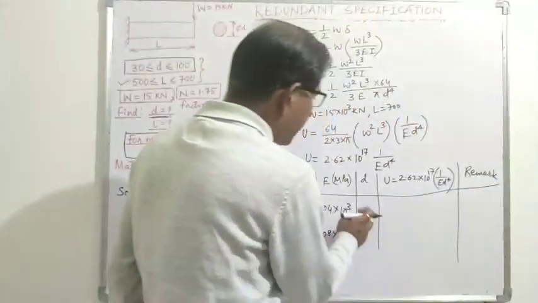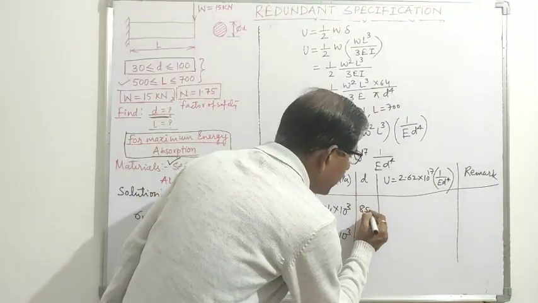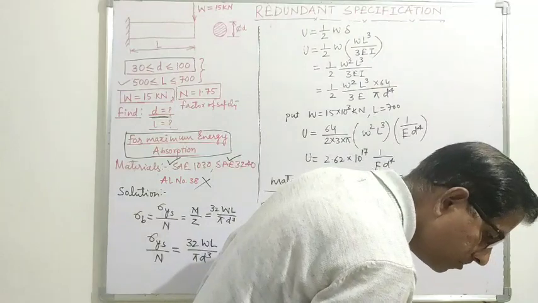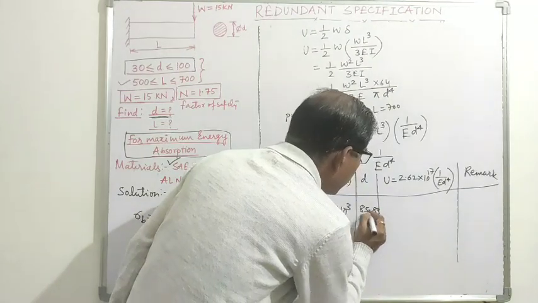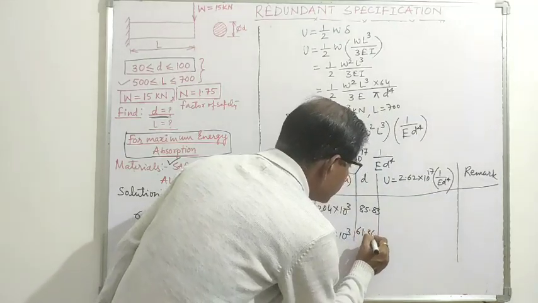The diameter that we have calculated for these materials is 85.83 and 61.36.